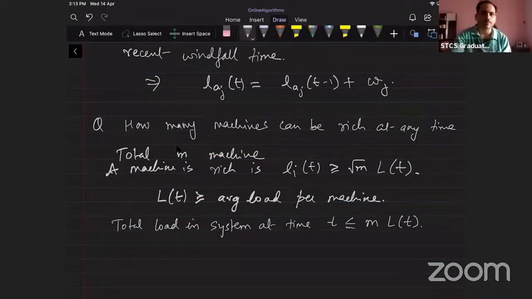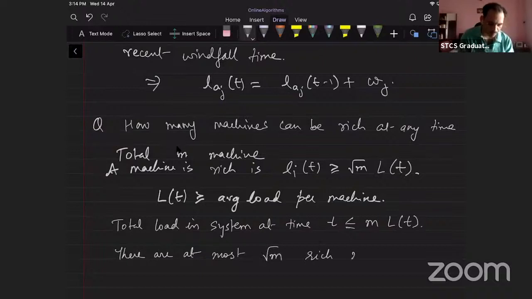So the total load is at most M times L of t. And a machine is defined to be rich if it exceeds square root M times L of t. So just by pigeonholing, there cannot be more than square root M. So there are at most square root M rich machines.